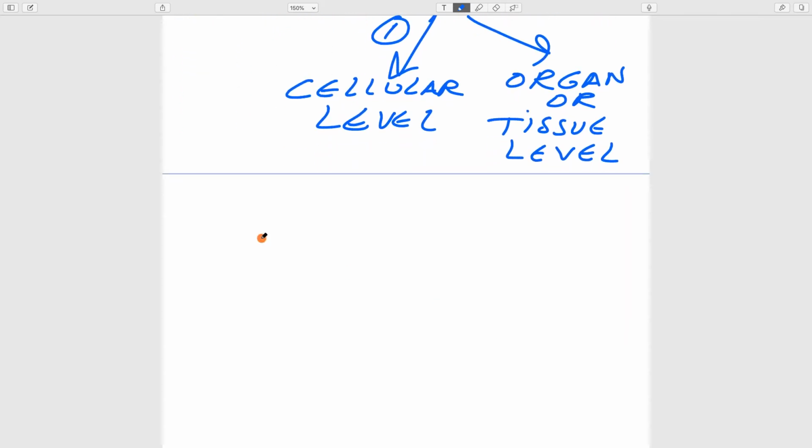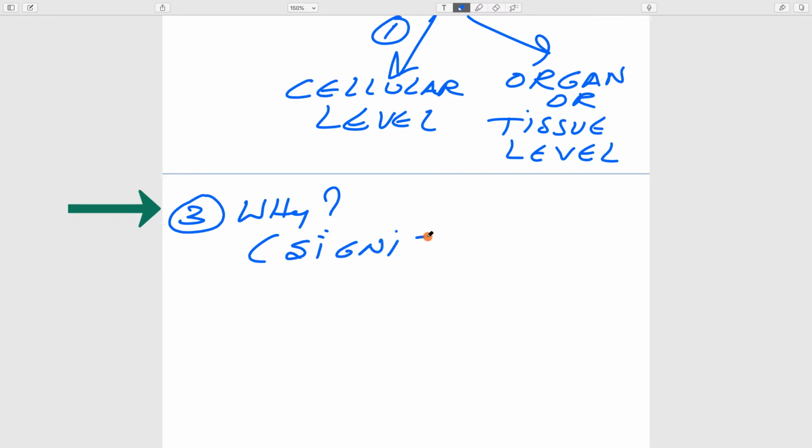Then the third aspect is why. Why integration? What is the significance of integration? Why does integration have to take place? So we are talking about the significance of integration.